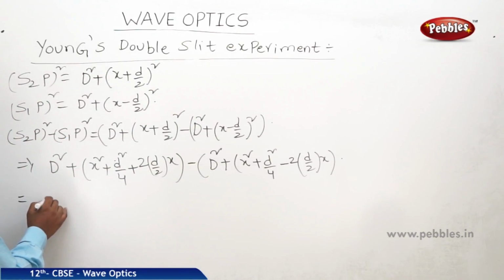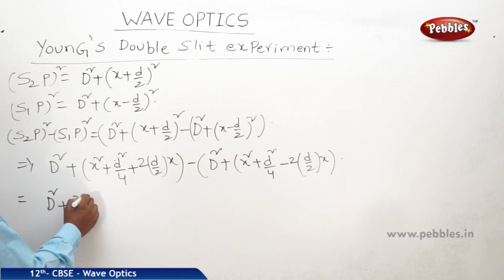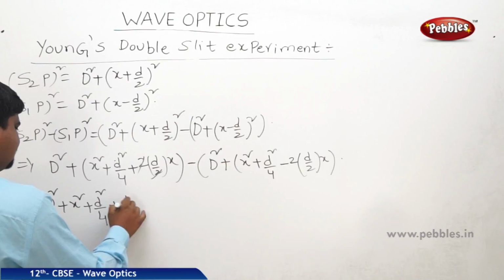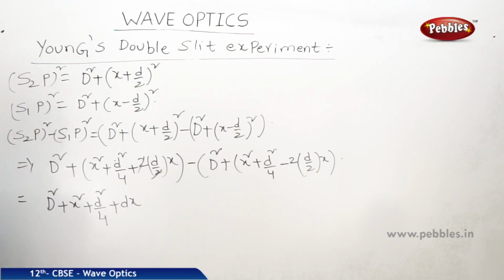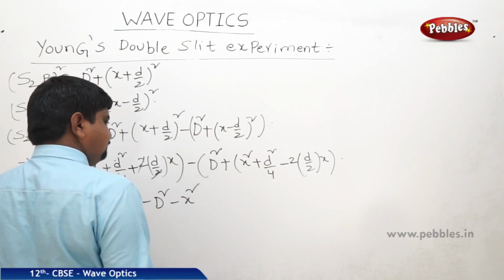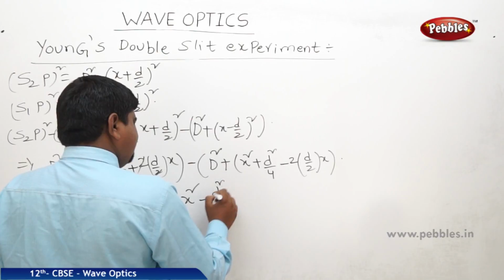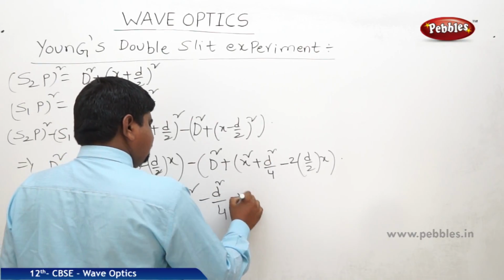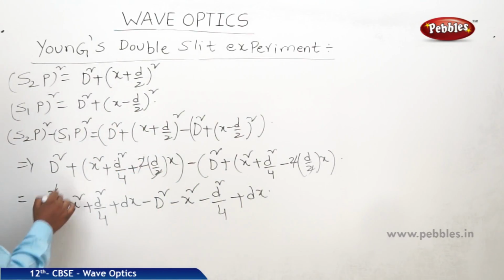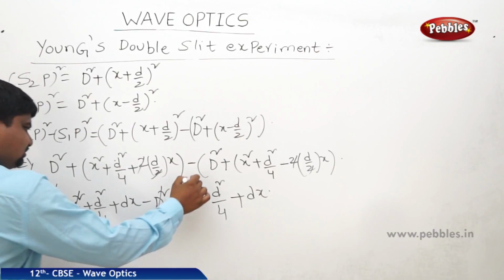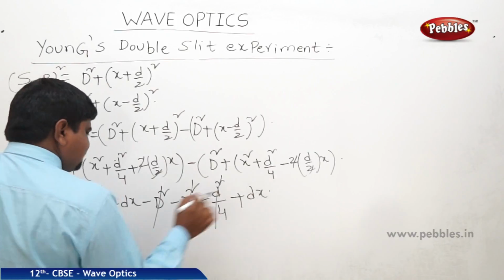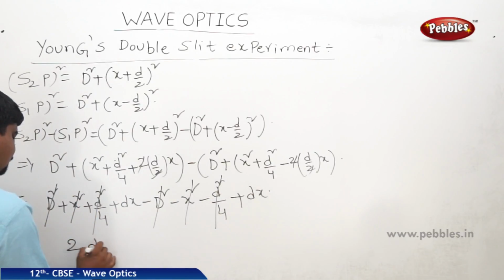So the calculation is D square plus x square plus d square by 4 plus dx. This whole simplified is minus D square minus x square minus d square by 4, minus into minus plus, to get cancelled, dx. So therefore D square minus D square plus x square minus x square plus d square by 4 minus d square by 4, dx plus dx is equal to 2dx.